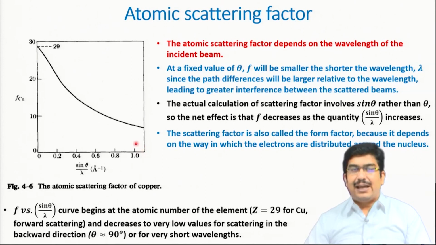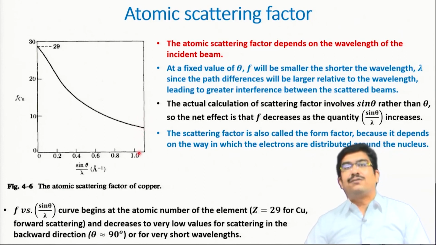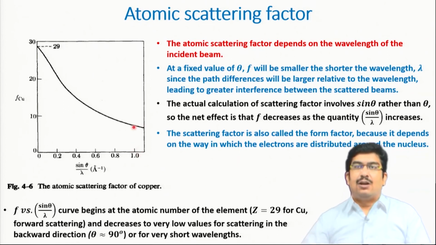In that case, theta equals 90 degrees, so sin theta is 1, and there also this value is very small, or with a very short wavelength, that will also make the atomic scattering factor very small.